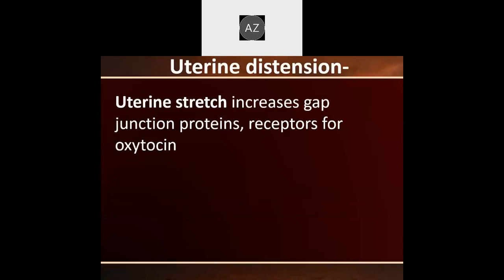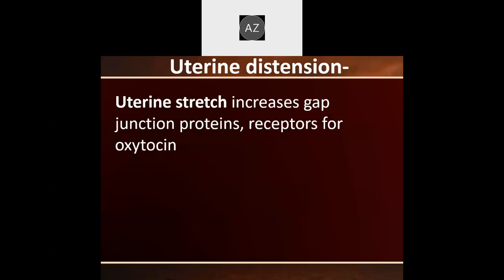Now, on the uterine stretching or the expansion of the uterus, these factors are as the baby is growing, as the fetus is growing, the amniotic fluid is added and is expanding, is becoming voluminous.